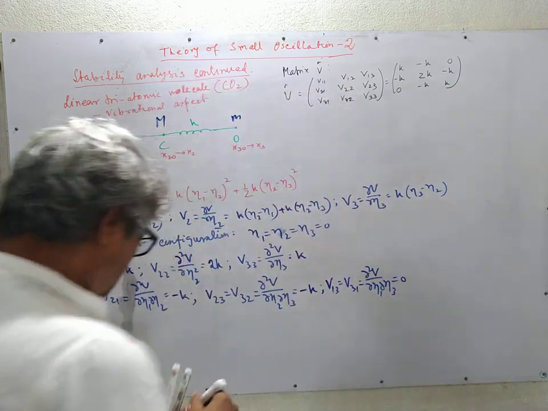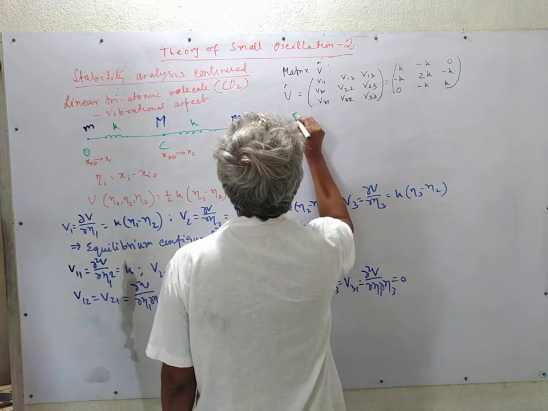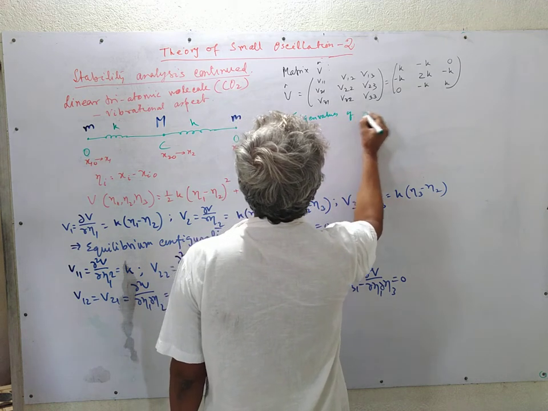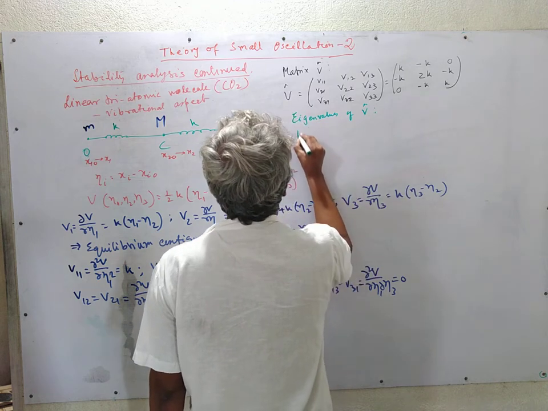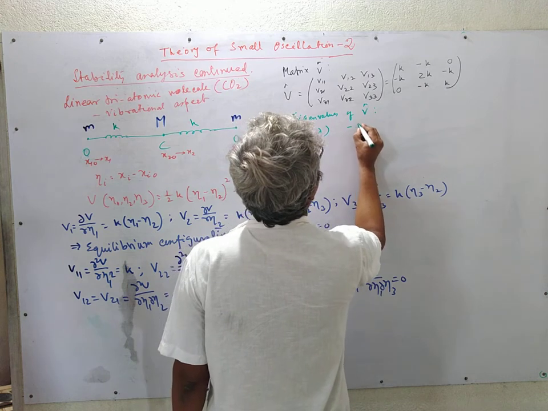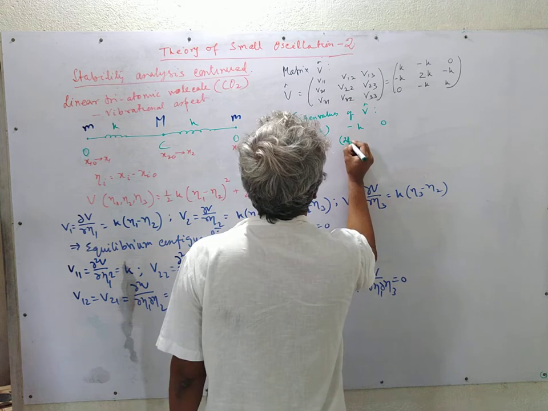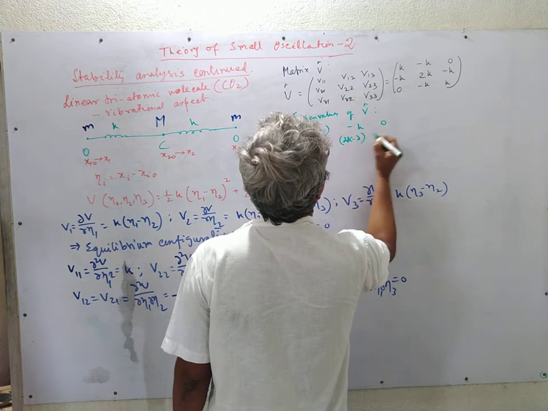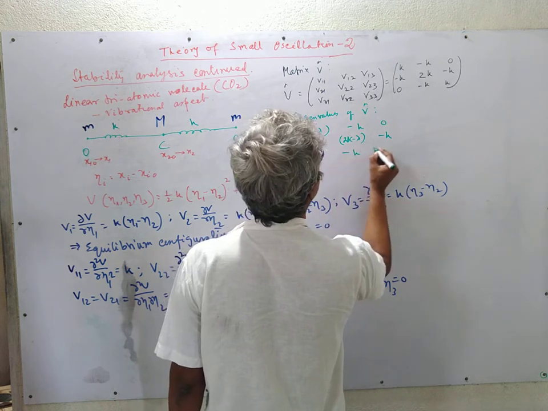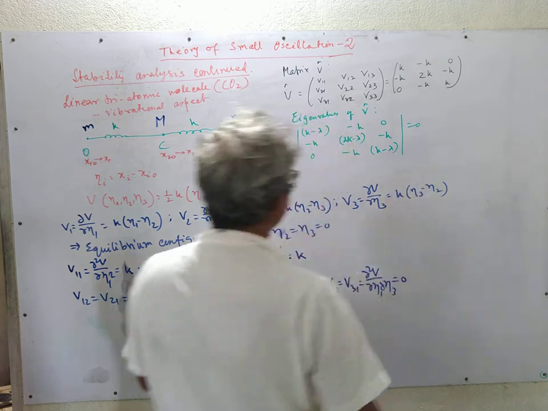And the eigenvalues of this are obtained from this determinant: K minus lambda, minus K, 0; minus K, 2K minus lambda, minus K; 0, minus K, K minus lambda.